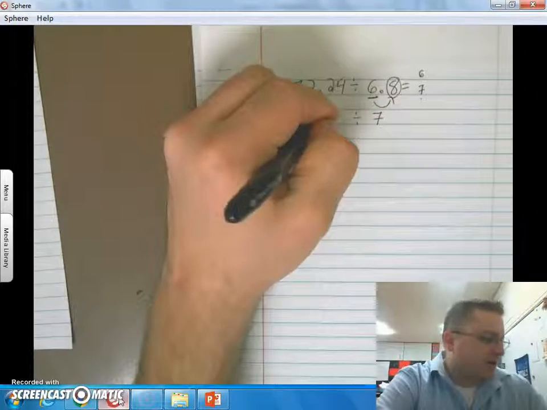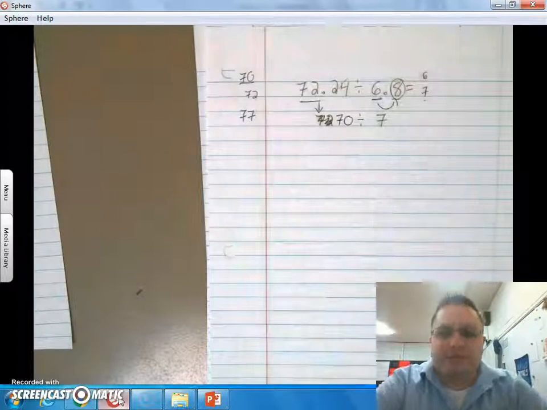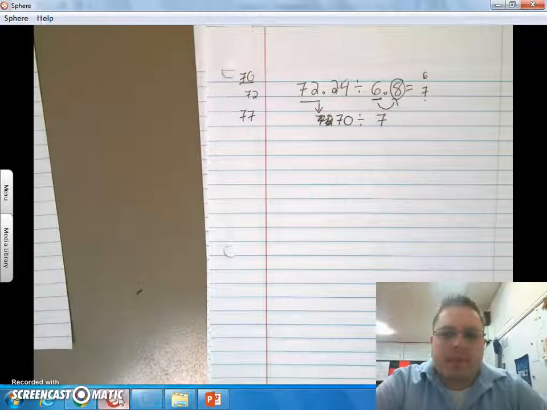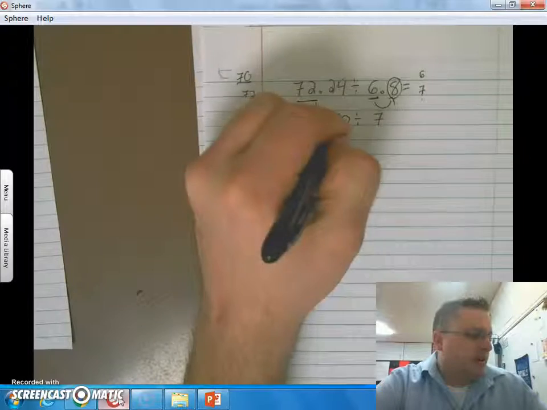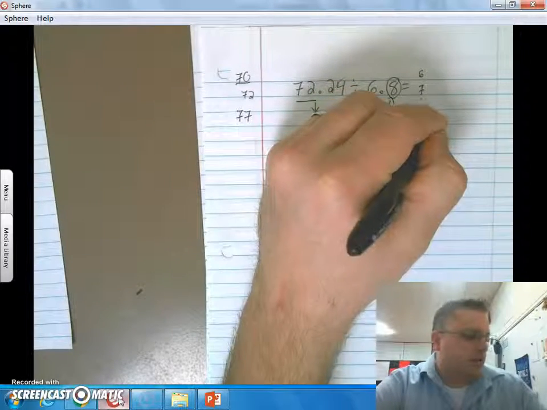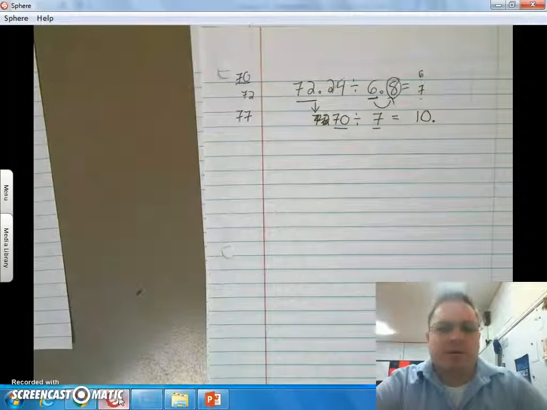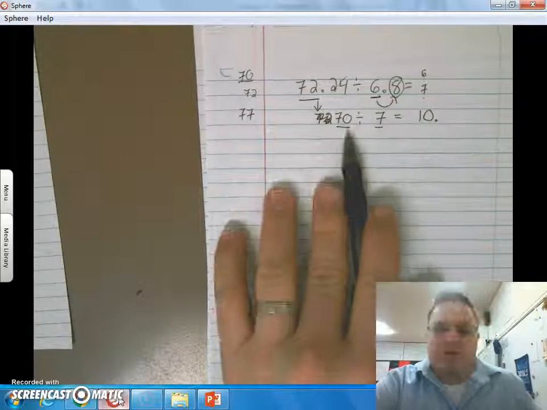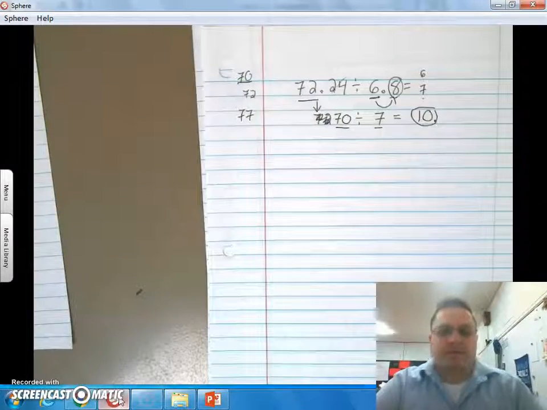Oops, I wrote down 72. It is closer to 70. Now I'm going to divide, ignoring decimals. 70 divided by 7 is 10. And the last step was to count our decimal place values and place our decimal. There were no decimals. So I have my answer of 10.